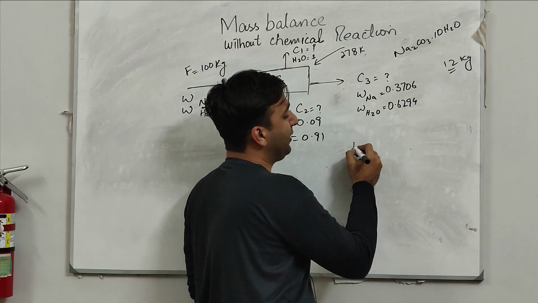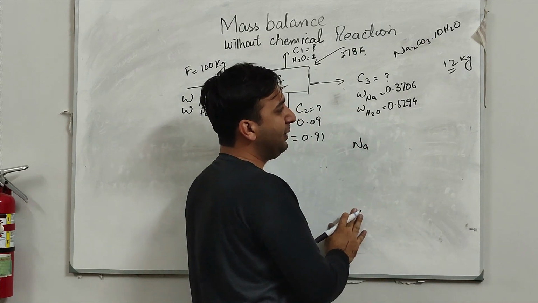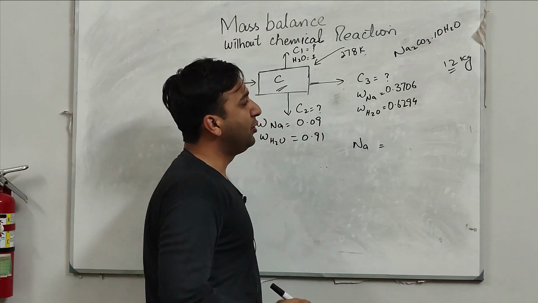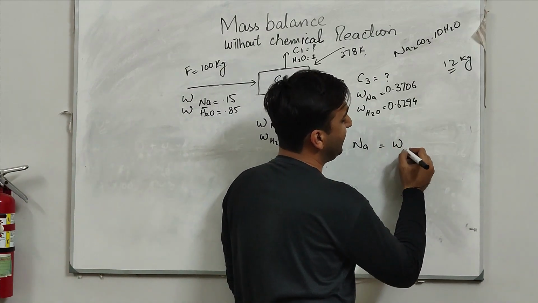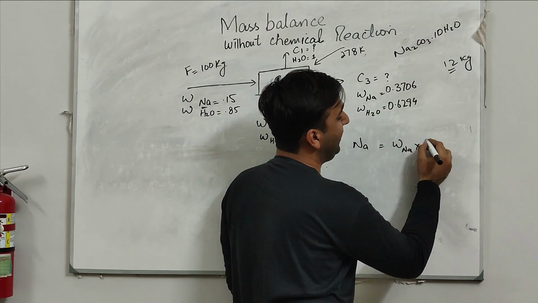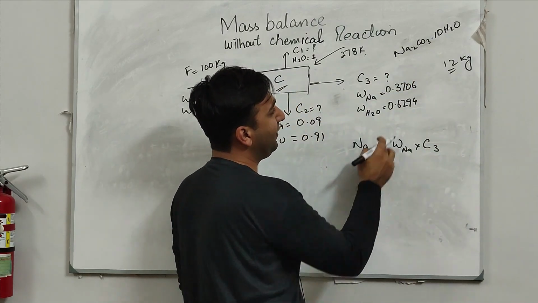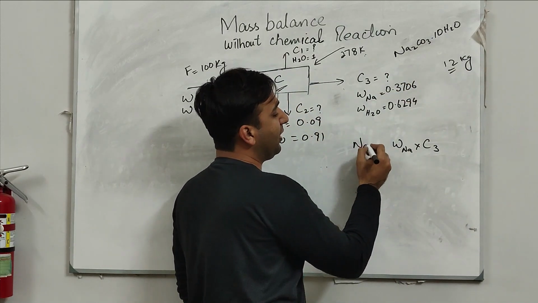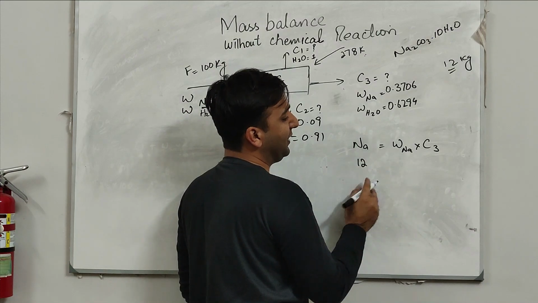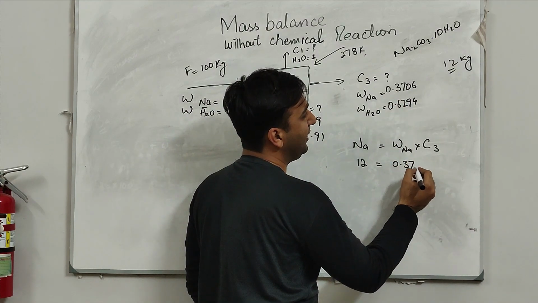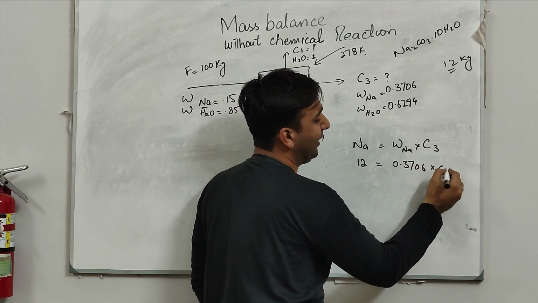So for the calculation of any mass flow, you simply do what we do. We do that weight fraction of that in that stream. So here you have been given that total sodium carbonate that is present is 12 kg and its weight fraction has been given to us: 0.3706 multiply C3.